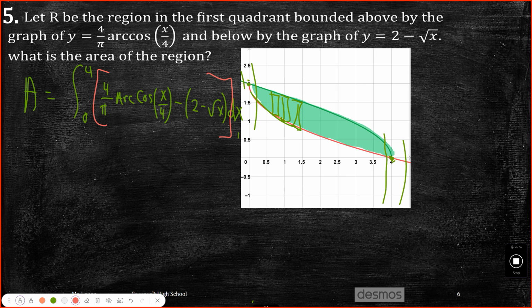Go to trig, and there's cos inverse of x over 4. And then I'm gonna do minus parentheses 2 minus square root of x dx.